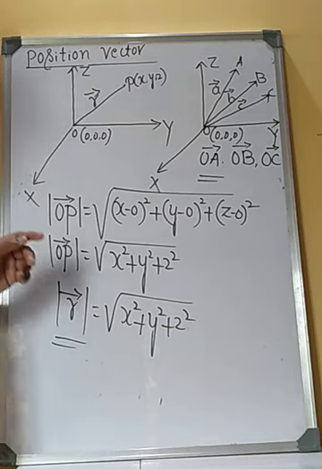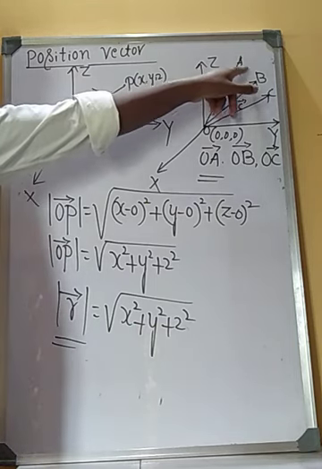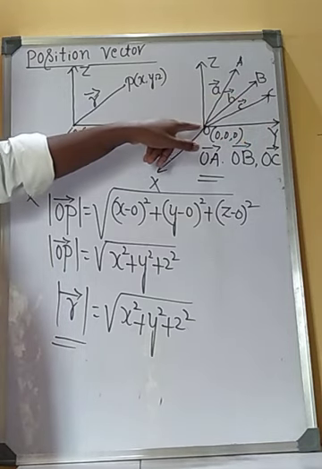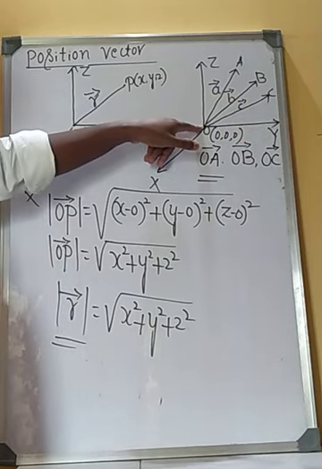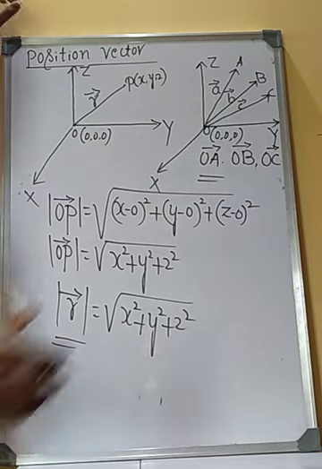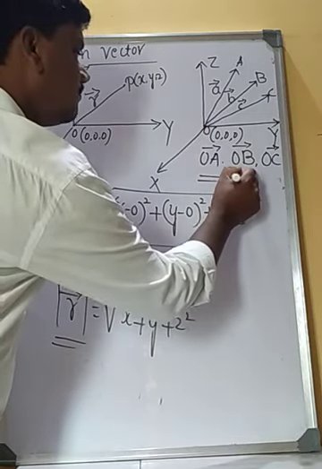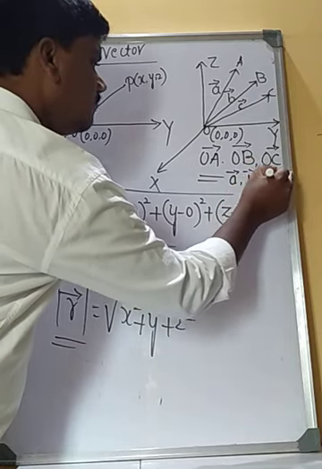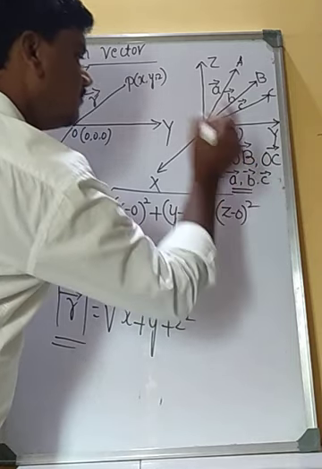The position vectors of points A, B and C with respect to the origin O are denoted by vector a, vector b and vector c.